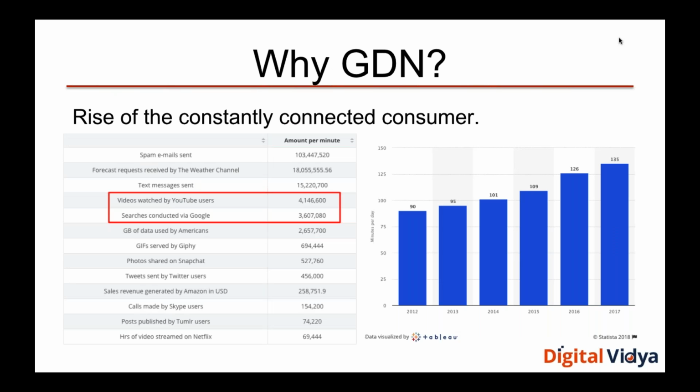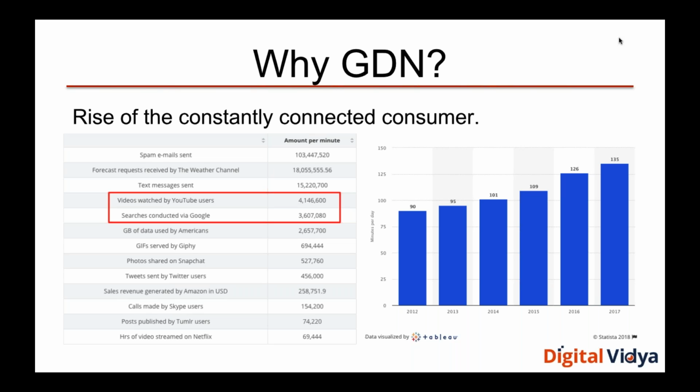So first of all, let's look at why is display network important. First of all, do you agree with the statement, rise of the constantly connected consumer? Compared to a few years back, if you look at internet connectivity of an average consumer, now you can see that it is almost round the clock a person is connected to internet, right?